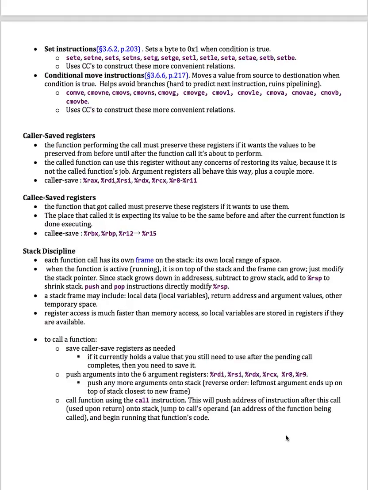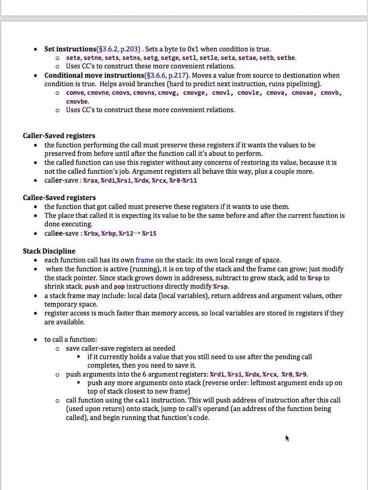Conditional moves helped to avoid branching. Instead of jumping around different parts of the code with jumps, we were able to use conditional moves to replace those jumps. Not all the time, but for some types of jumps we were able to replace them with conditional moves.